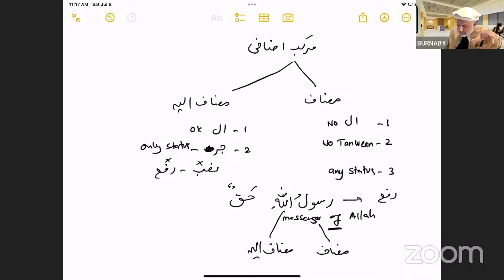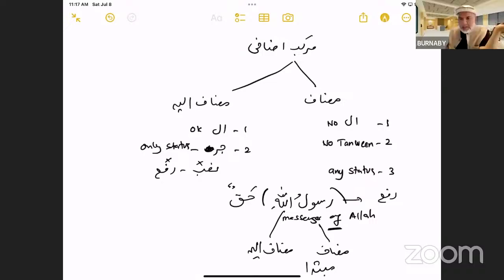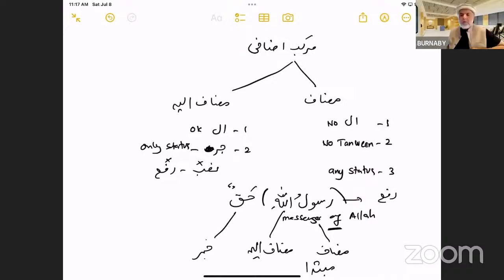So this becomes my mudaf, mudaf ilayh, and haqqun. Now this mudaf, mudaf ilayh, can it become my mubtada? Yes. Murakkab izafi can become my mubtada, right? Is haqqun my khabar? Okay, good. So over here, the thing I want to highlight is focus on the Rasul. It says Rasulullahi.